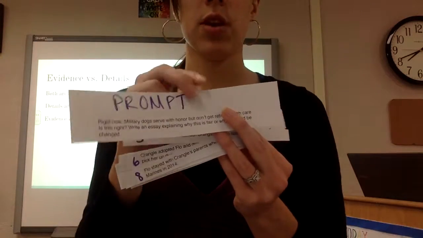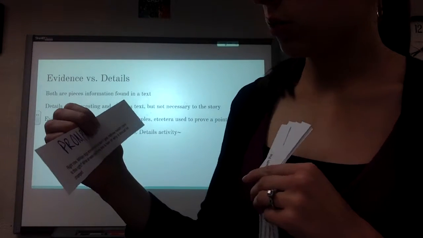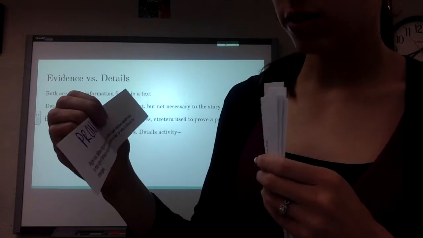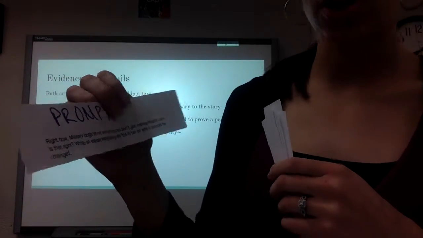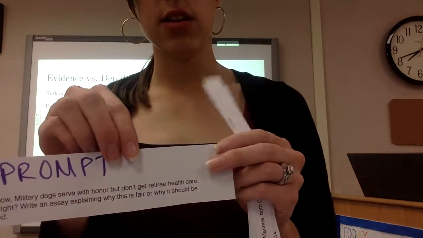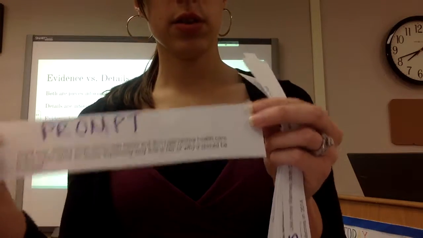So, first of all, we have our prompt. Right now, military dogs serve with honor but don't get retiree health care. Is this right? Write an essay explaining why this is fair or why it should be changed. That's your prompt. So go ahead and do your TAK, your topic, your audience, and keywords from the prompt.